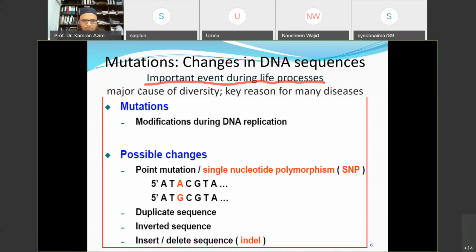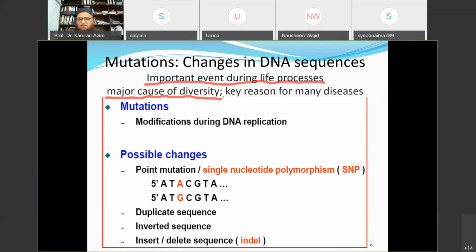And this mutation in the DNA is a major cause of diversity on this planet. Everywhere we see diversity on Earth: diversity in plants, diversity in animals, diversity in human beings. We are all human beings, but we are different from each other.